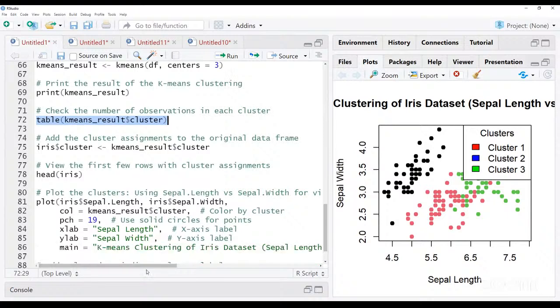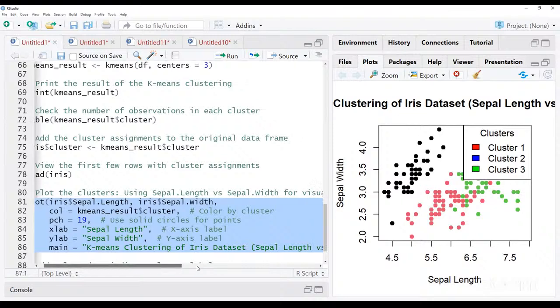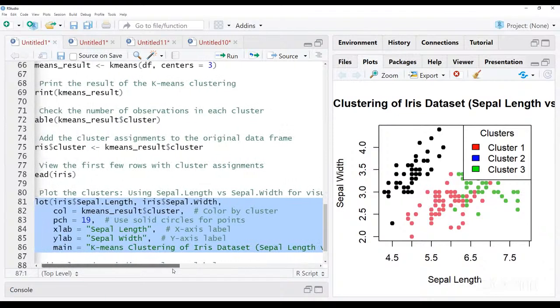It is written plot iris dollar sepal length and iris dollar sepal width. It is written clearly. You go to row number 81. Plot iris dollar sepal length and iris dollar sepal width. And after that, you have done the k-means cluster.